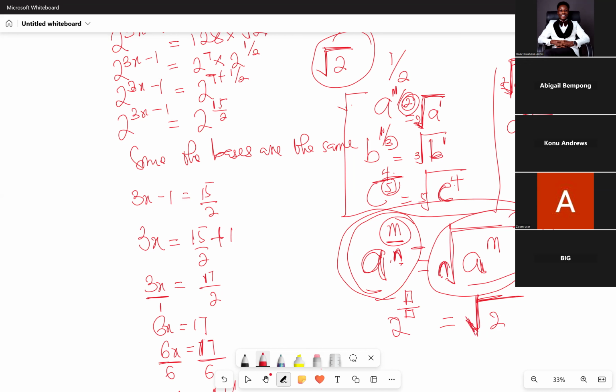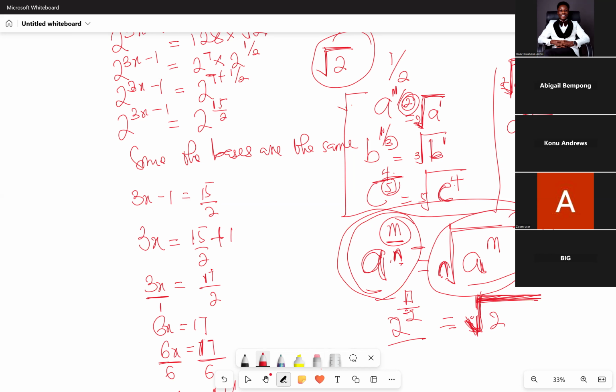So now this root is here, right? A square root. Square root is mostly written without the 2, right? How did you land at square root? It is because the denominator of that fraction was 2. That's how you quickly move by saying that this is equal to root of 2.